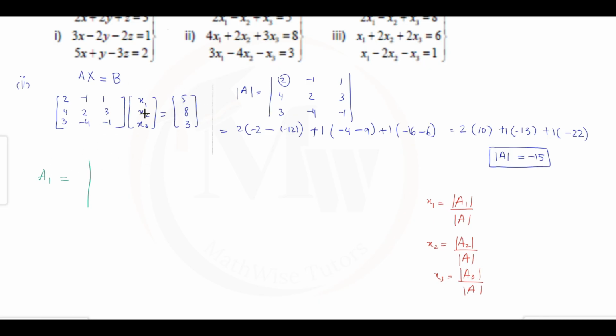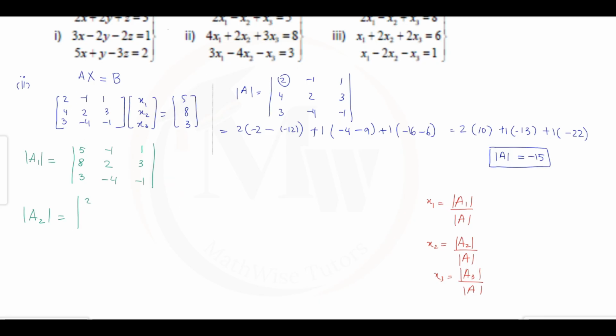So for A1, replace the first column with 5, 8, 3. Just replace it and all the others will remain the same: minus 1, 2, minus 4, 1, 3, minus 1. This is A1. So we need to find the determinant of A1. Same, we need to find the determinant of A2. A2 is made by replacing the second column with the B matrix.